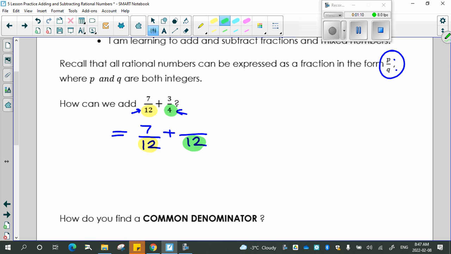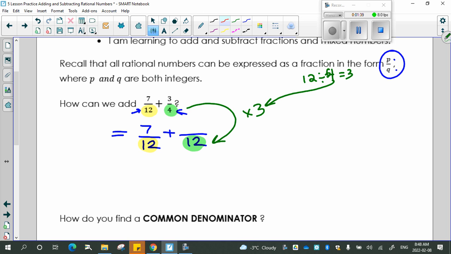did the denominator change? Yes. And it's always multiplicative. So what do I have to multiply 4 by to get 12? 3. What if I didn't know that? How could I use my calculator to figure it out? 12 divided by 4. So if you're not the times table champion of the class, you can do 12 divided by 4, and that would give me the 3 that's right here.